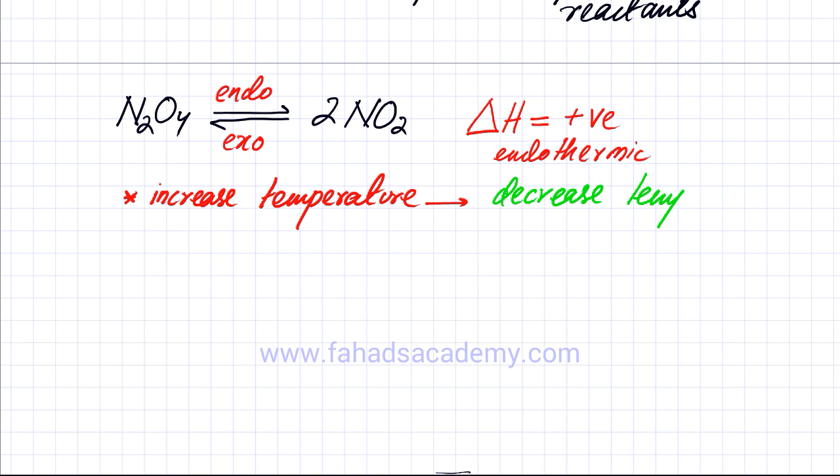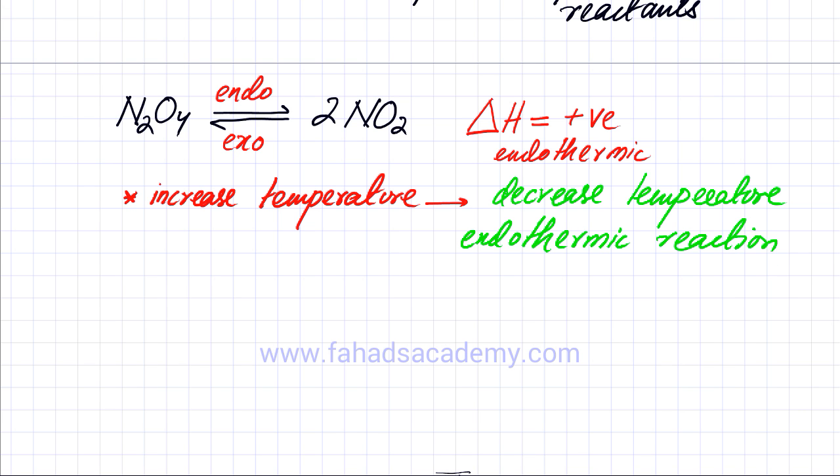It's going to counter that, it's going to do the opposite. And the rule that we stated was that if you increase temperature, the equilibrium would try to decrease temperature. It would favor the endothermic reaction, which in this particular case happens to be the forward reaction. So the forward reaction would speed up.